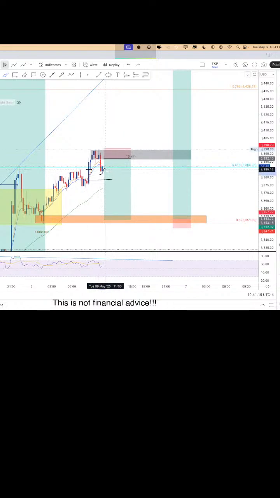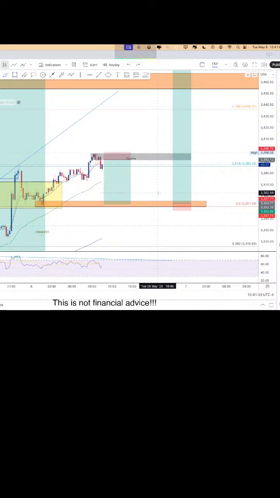If these highs don't hold, we'll see a higher high. We're looking to see if we'll get a rejection right here at the 618 just to retest the 50 before continuing that uptrend.